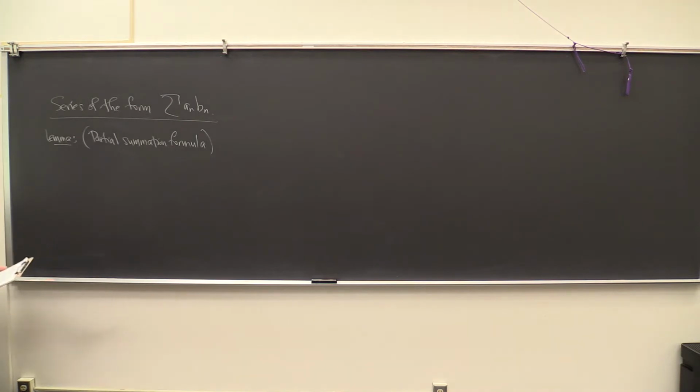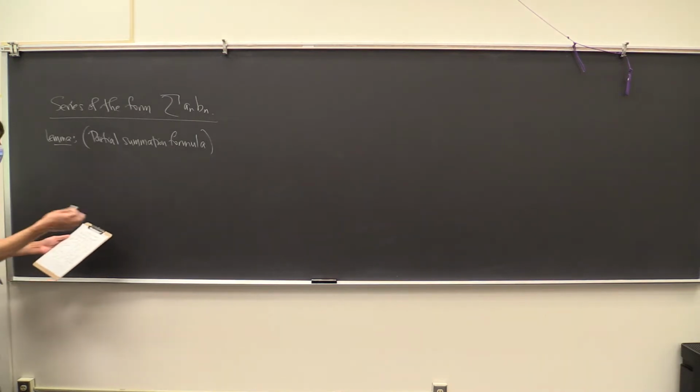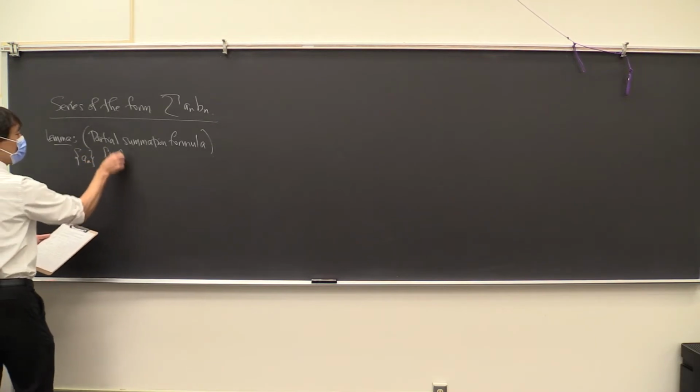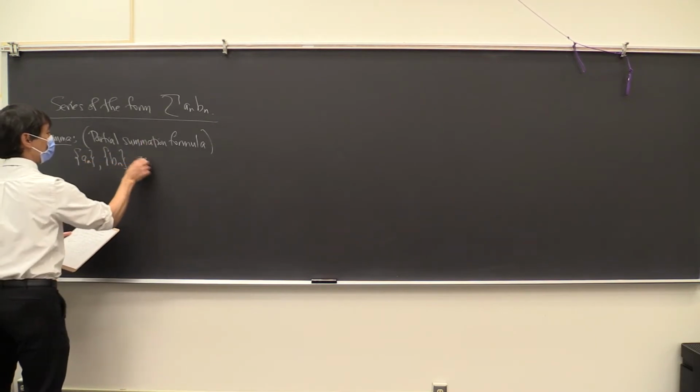Here's what it says. Suppose you have two sequences, a sub n and b sub n.